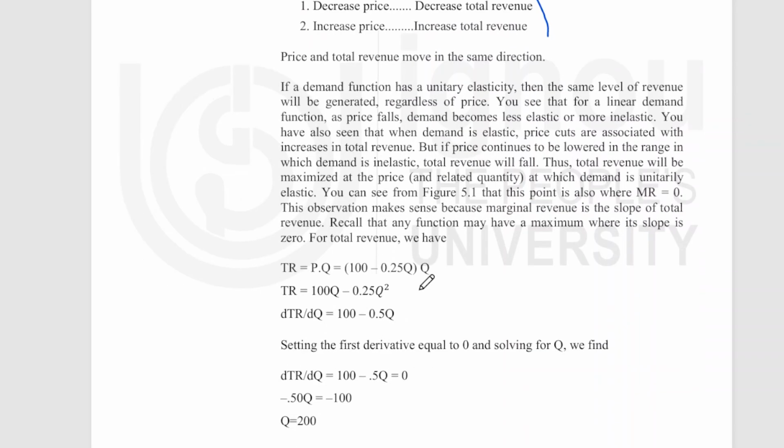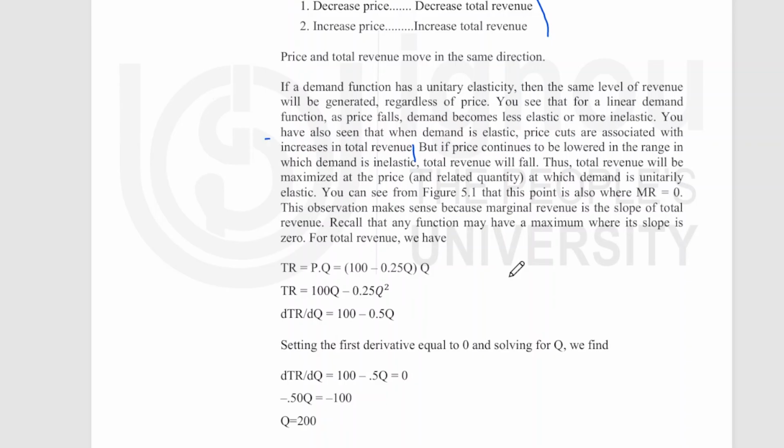If a demand function has unitary elasticity, then the same level of revenue will be generated regardless of price. So you see that for a linear demand function, as price falls, demand becomes less elastic or more inelastic. You have also seen that when demand is elastic, price cuts are associated with an increase in total revenue.